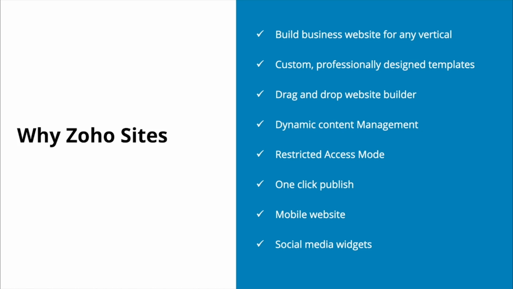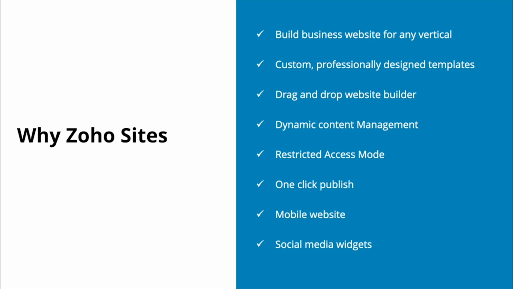We have the option to restrict the content or resources which you have inside the website, and we also have the option to display content dynamically based on the user who has logged into the system or based on a group of users who are available in the system. Everything can be published live using a single click.